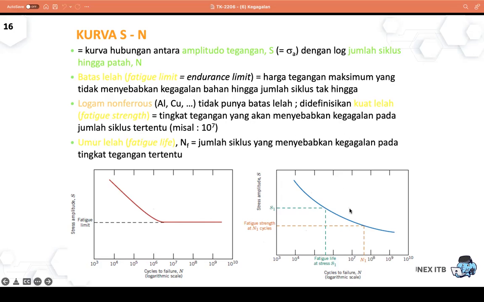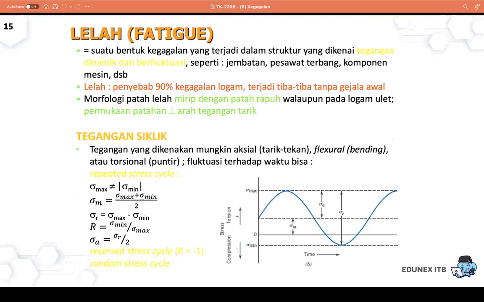So here you can imagine, for example, if you expect that your equipment is for up to 10 to the 8 cycles, then you have to check what your fatigue strength is, or what your stress amplitude is. Once you know your stress amplitude, you can go back.